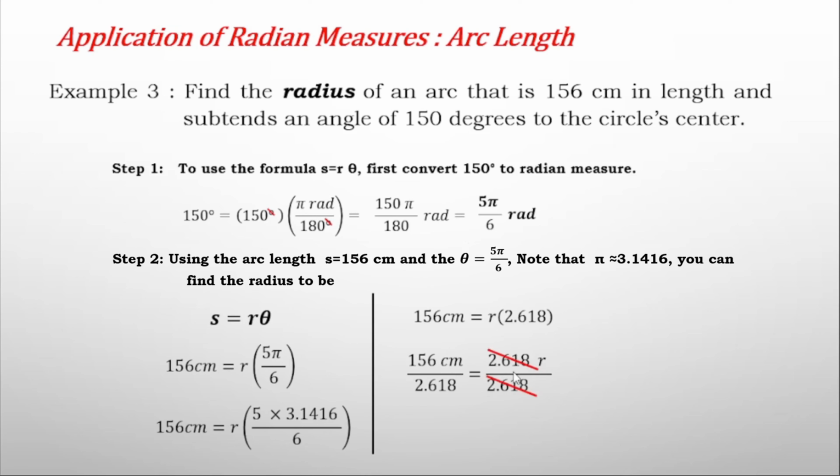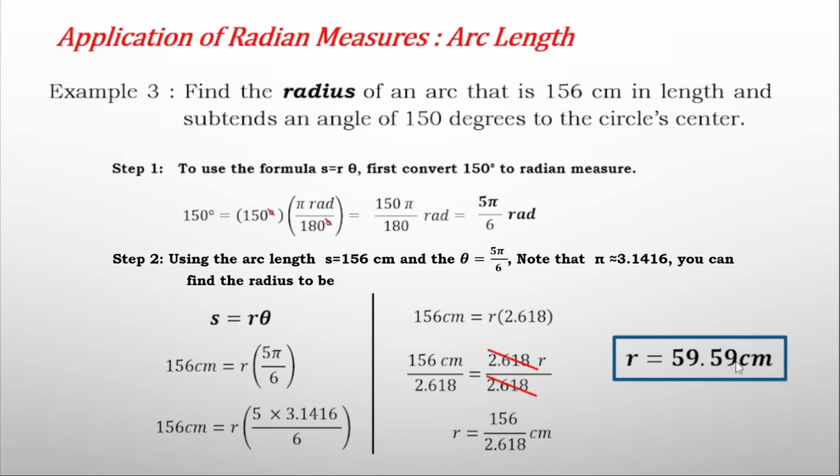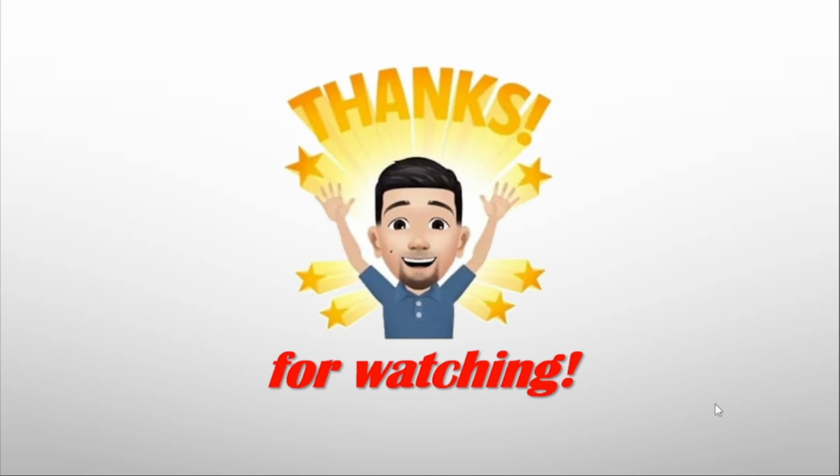As we cancel out 2.618, we have already isolated r. Then we divide 156 centimeter by 2.618. Then we can say that the radius is 59.59 centimeter, rounded off to 2 decimal places.